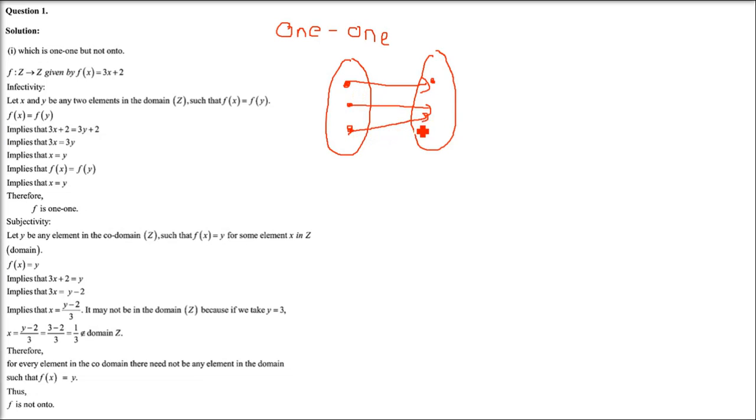But if you have two x giving you one y, that will not be one-one. Onto means nothing in y should remain.